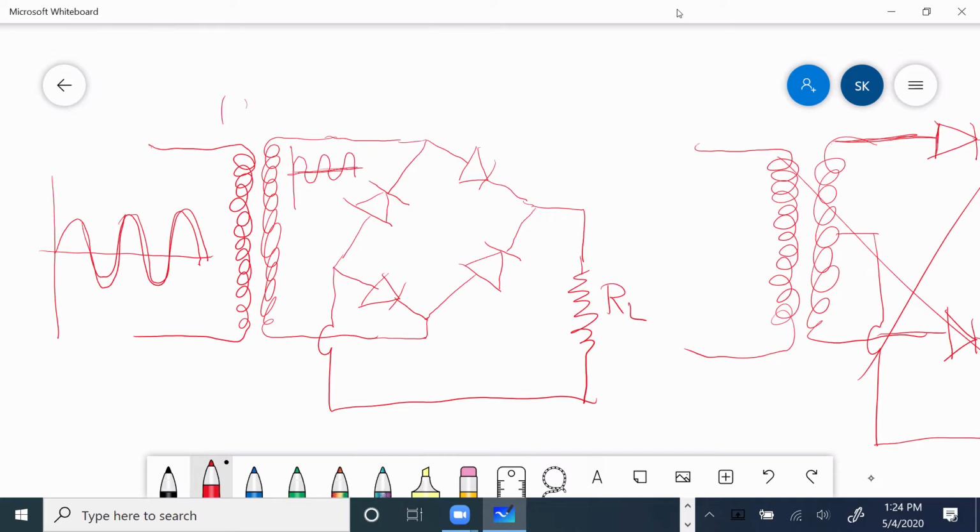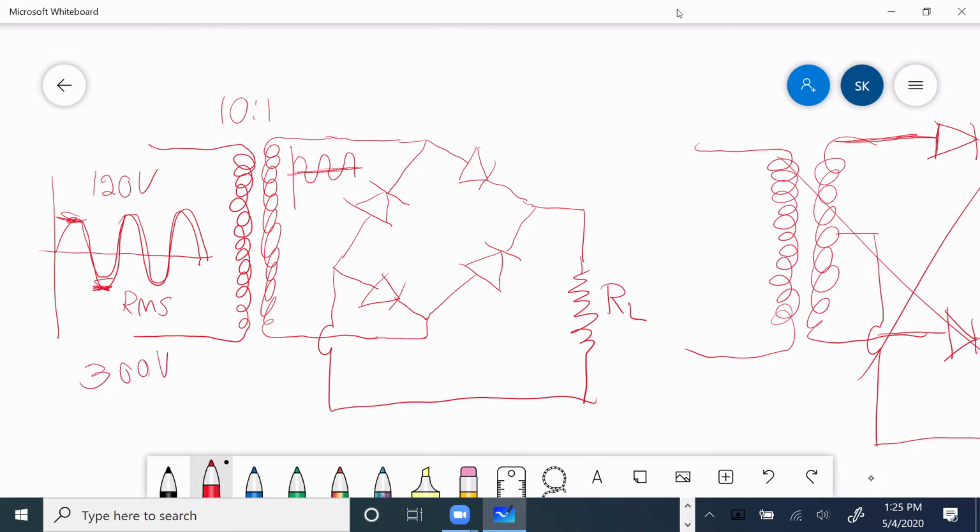So if the ratio is 10 to 1, and if this is, for example, 120 volts RMS, the peak-to-peak value is, forget all these values, about 300 volts.